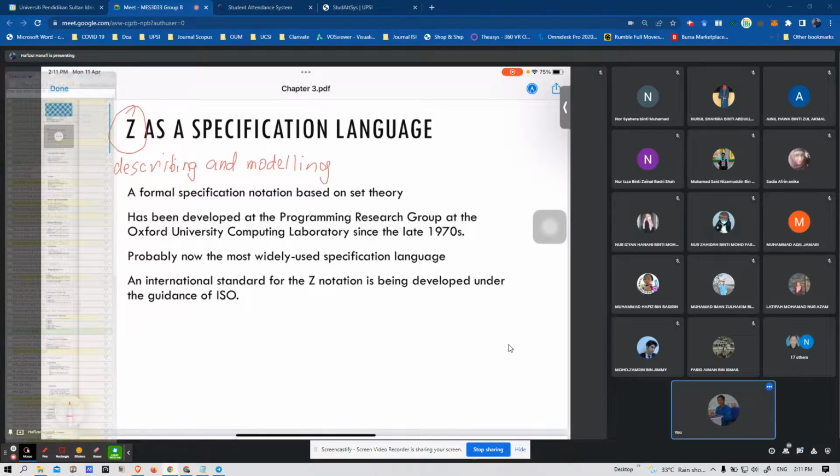Okay, and then in history, in 1974, John Raymond Abrial published a paper named Data Semantics.